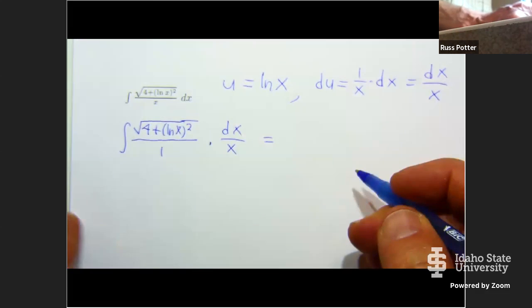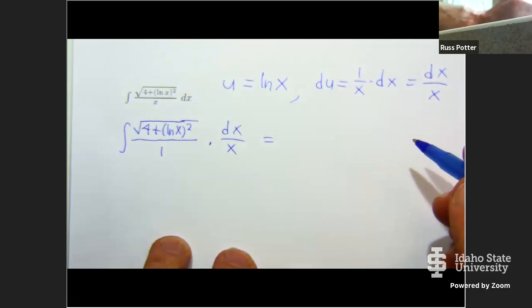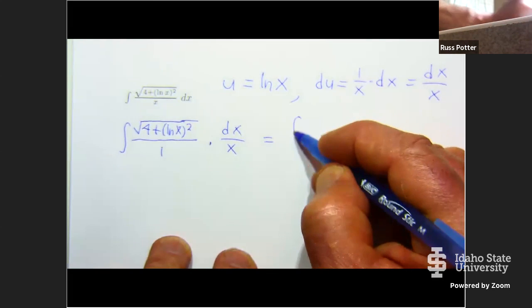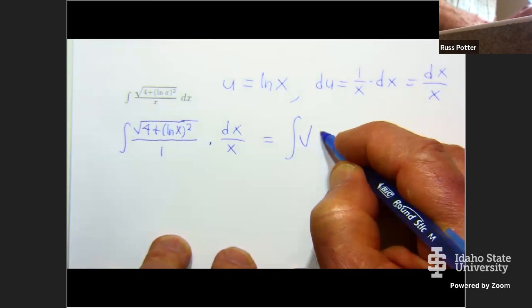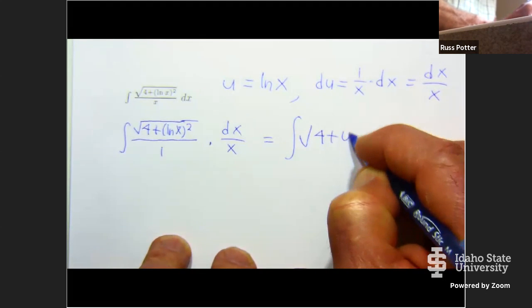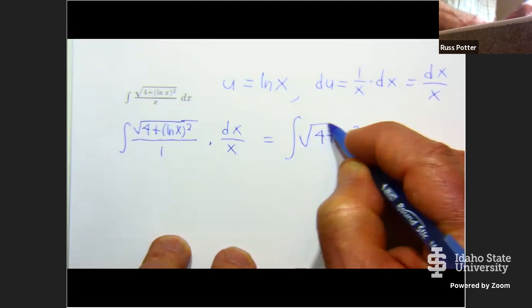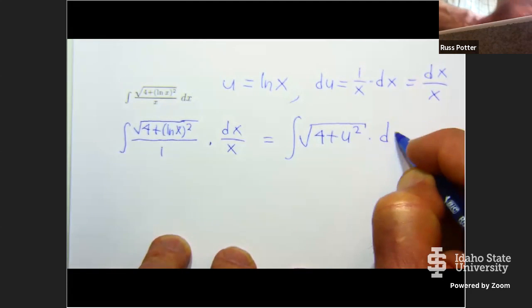Okay, so when we make our substitutions, we get the indefinite integral of the square root of 4 plus u squared du.